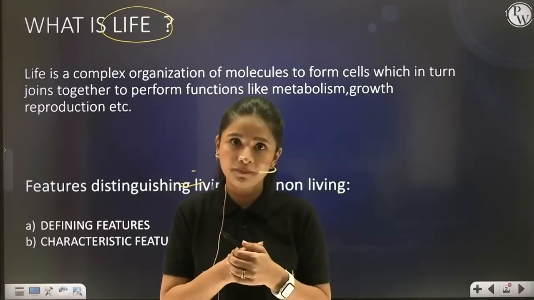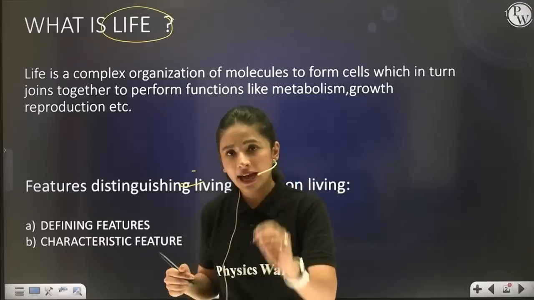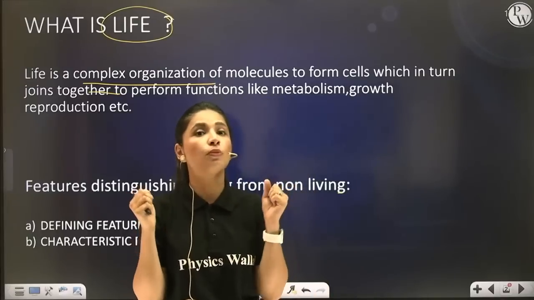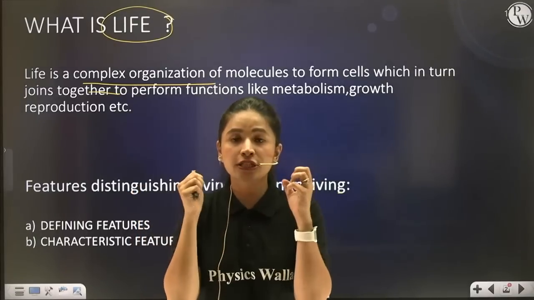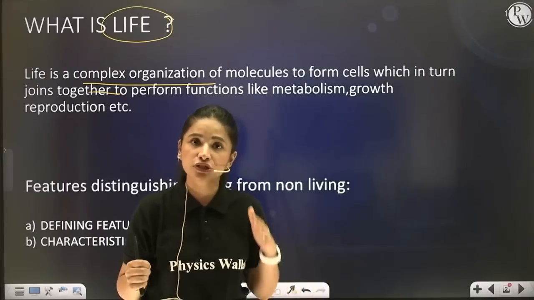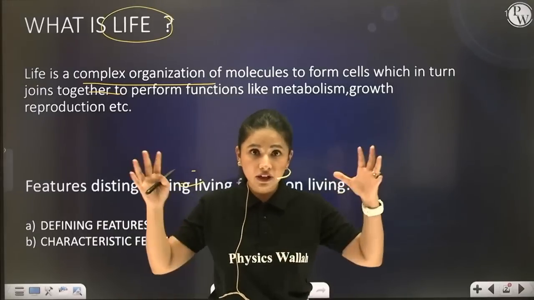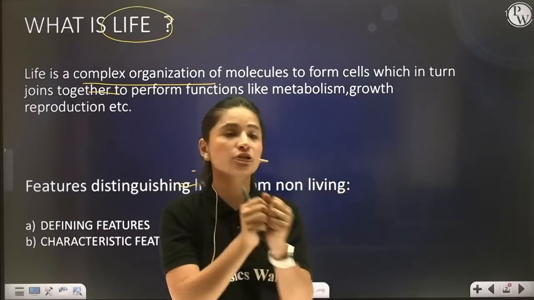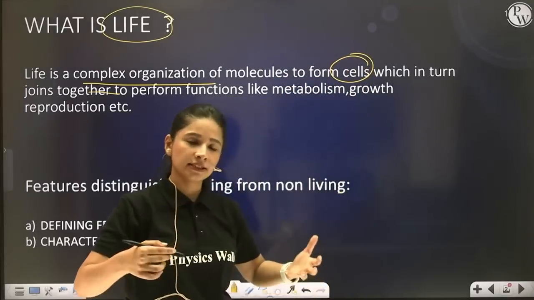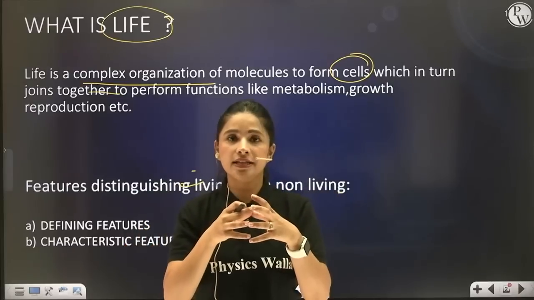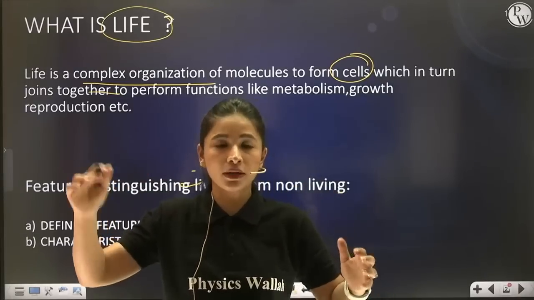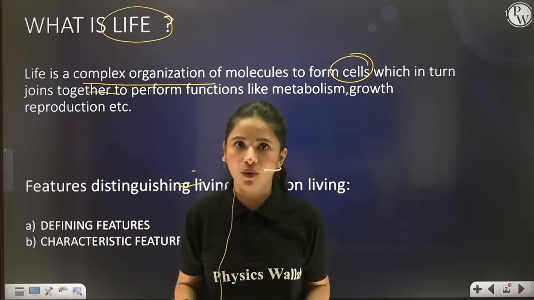But now, since we are students of biology, we are going to define life in a more technical manner. Technically, bachcho, life is a complex organization of molecules which forms a cell. You know, the cell is the basic structural and functional unit of life. So, different molecules join together to form cells, which in turn club with other cells to perform functions like reproduction, growth, consciousness, metabolism, and so on.